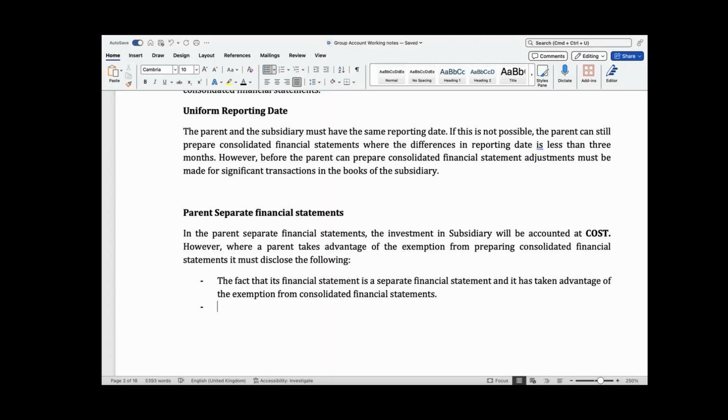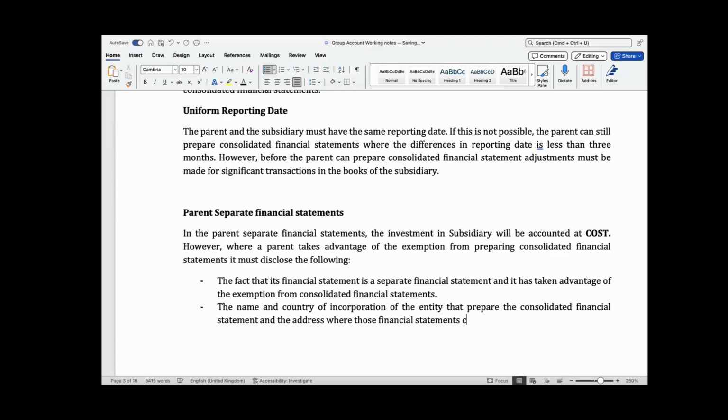Number two, the name and country of incorporation of the entity that prepares the consolidated financial statements, and the address where those financial statements can be obtained.